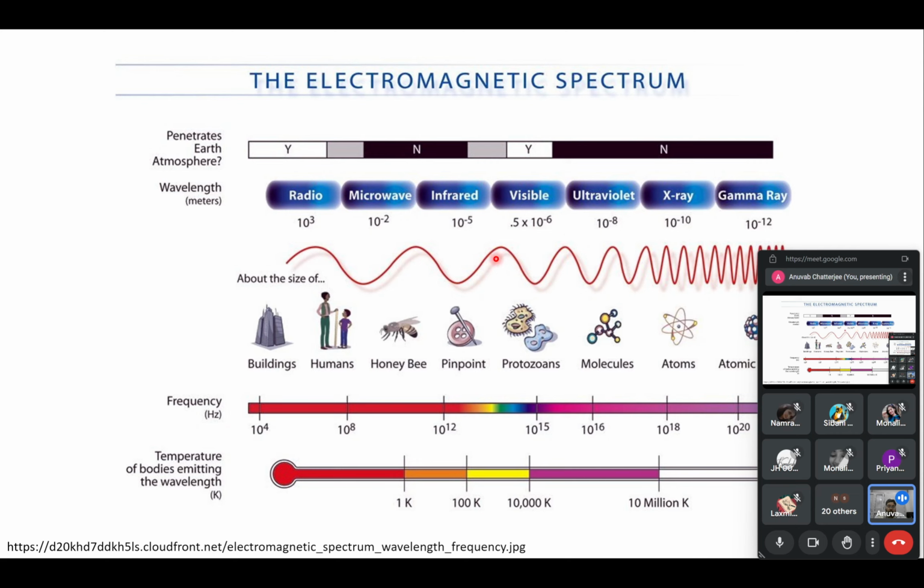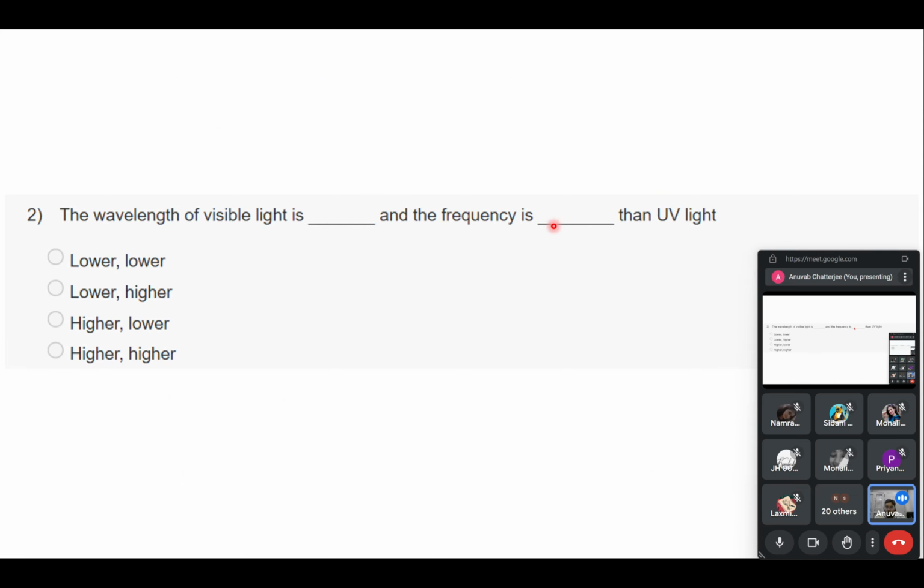Similarly, the wavelength is 10 to the power minus 6, two orders higher than the ultraviolet. Thus, as we have seen in the previous discussion as well, ultraviolet has a higher frequency and higher energy as compared to visible light. Similarly, visible light has a higher wavelength as compared to ultraviolet light. Thus, the wavelength of visible light is higher.